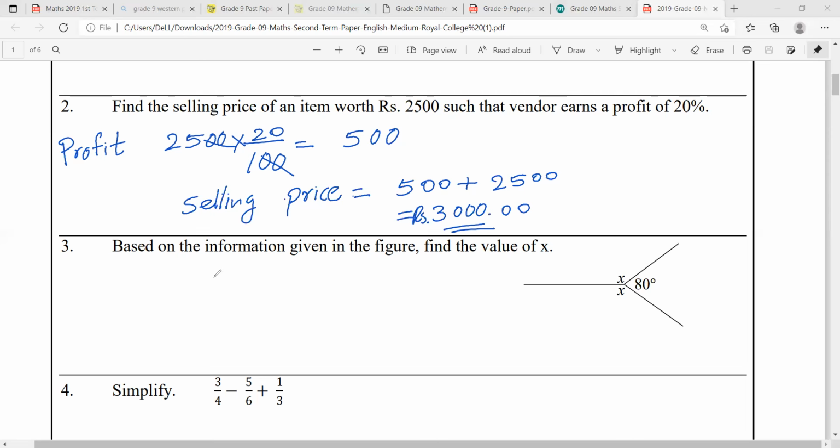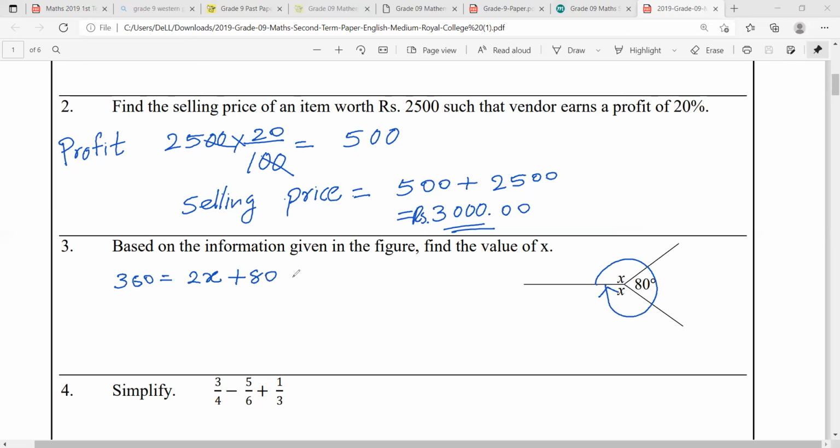This is based on the information given in the figure. Find the value of x. This whole angle is equal to 360. So 360 is equal to 2x plus 80.